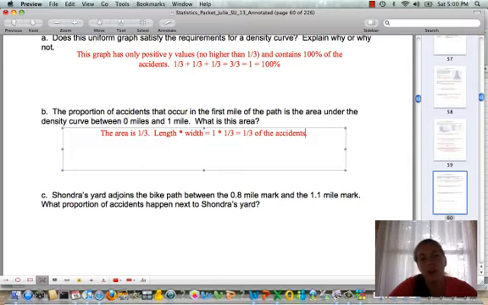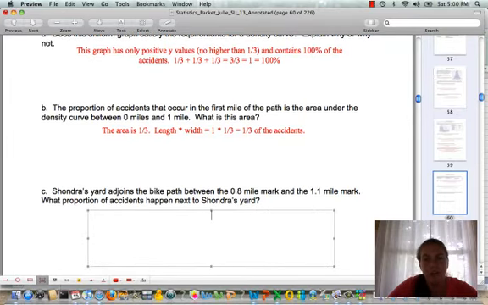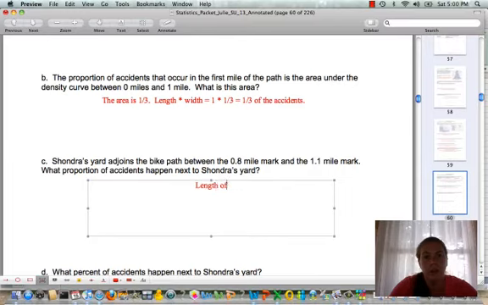And then it tells us Chandra's Yard adjoins the bike path between the 0.8 mile mark and the 1.1 mile mark. So we want to figure out what proportion of accidents happen next to Chandra's Yard. So we first need to calculate out what is the length of Chandra's Yard. So that's going to be the 1.1 mile minus the 0.8 mile.